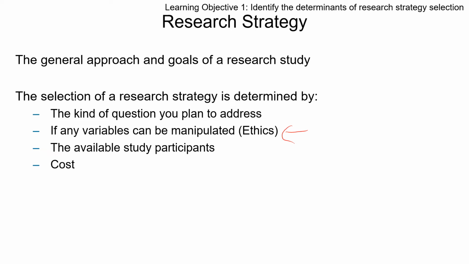And the last one that's always important is cost. Some experiments are much easier and cheaper to do than others. If you have the funding, you might want to do the more complex one. If you don't have the funding, then you might just be stuck with whatever it is you can do.